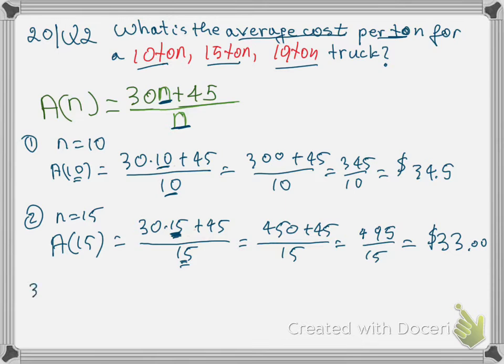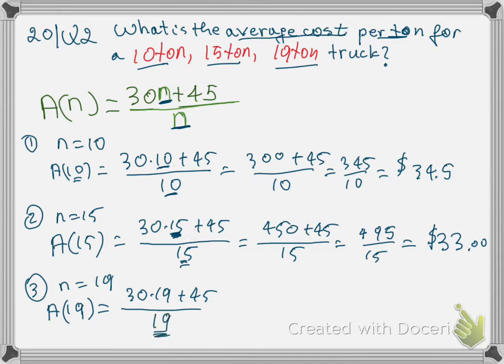And the third scenario, N is 19, so we're going to plug 19 into our equation. So A of 19 equals 30 times 19 plus 45 over 19. Recognize 19 is what I plugged in. 30 times 19 is 570, plus 45, all over 19.